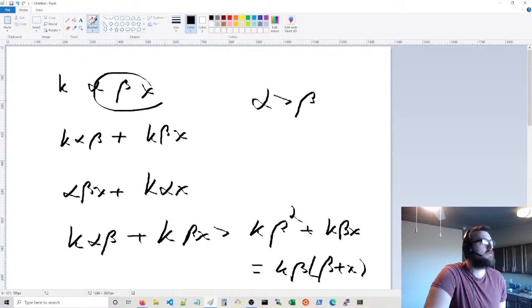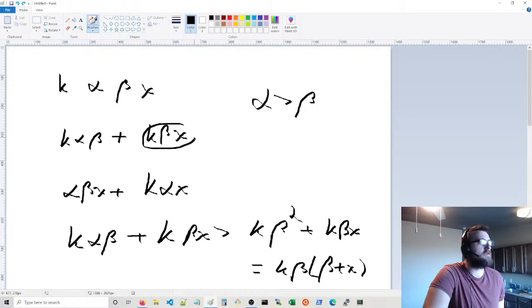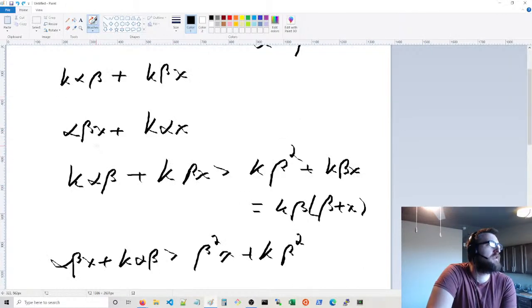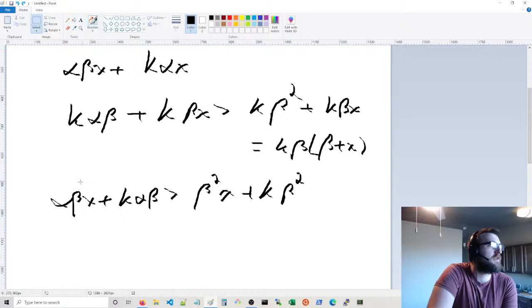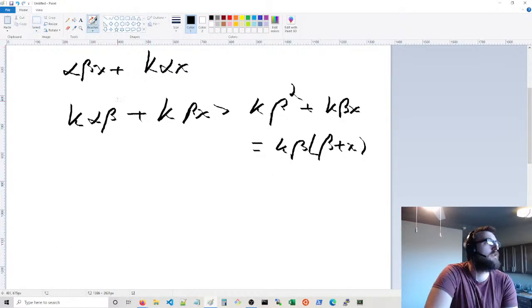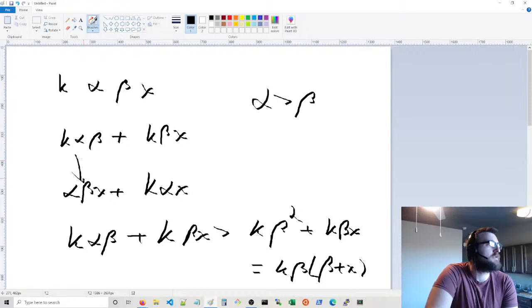So you have alpha beta x and then k alpha x. This is larger than this, and this is larger than that. Now that's a good question. What's the second one? These are not the same, so that kind of matters.